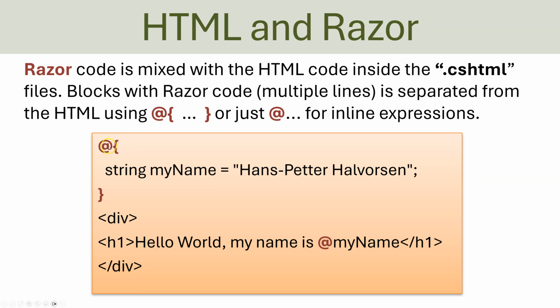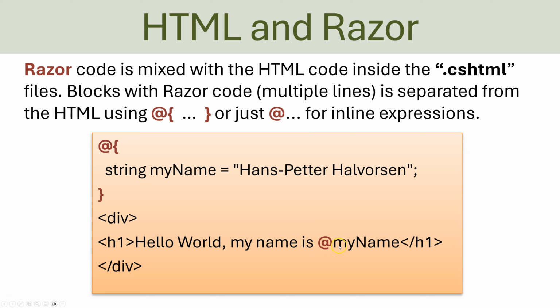So everything between this start tag and end tag is Razor code. And basically, Razor code is just pure C# code that is used on the server side of the application. And then we can use also Razor syntax and blend it in between the HTML code like this.